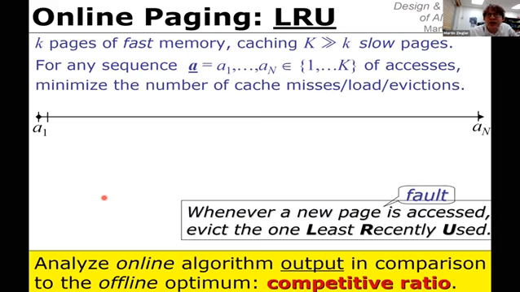But the LRU algorithm, this online algorithm, chooses the following heuristic strategy. Evict the page which has least recently been used. So looking into the past, that's something that an online algorithm can do. It cannot look into the future, but the past has been recorded.